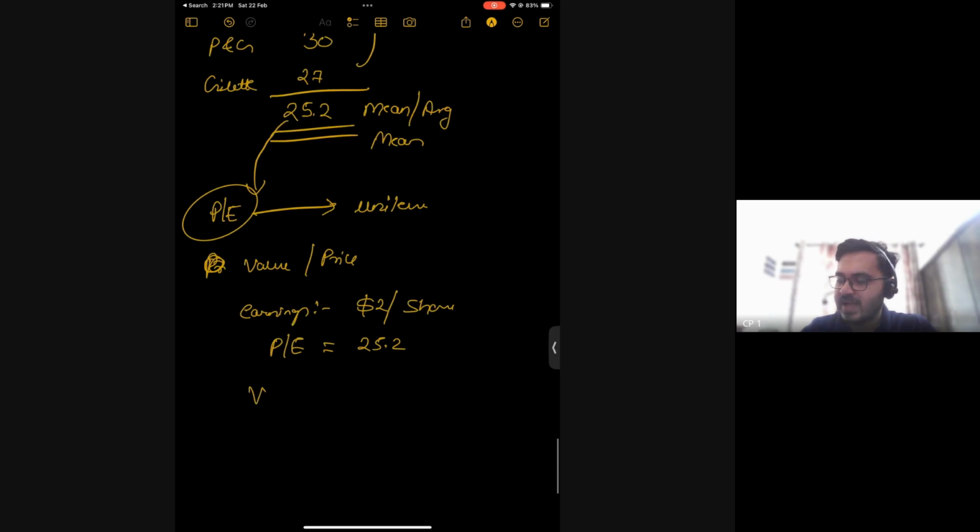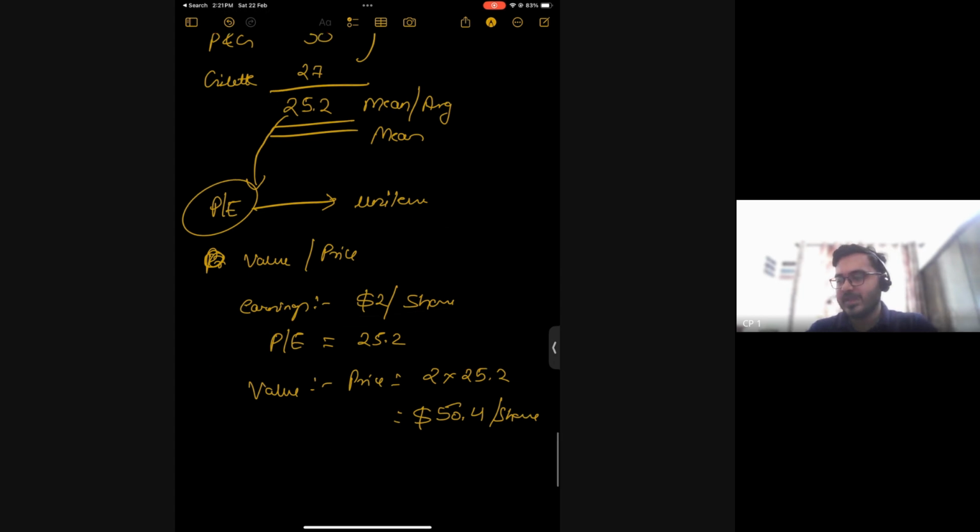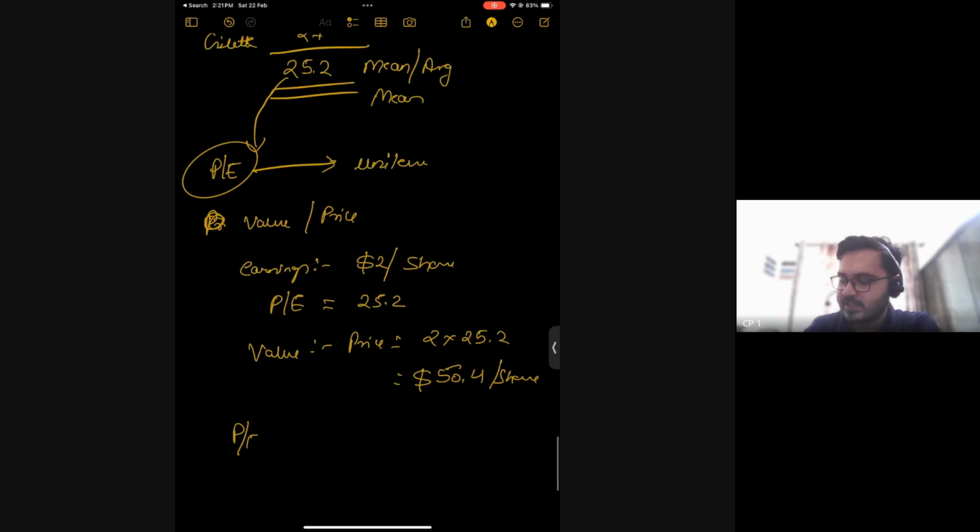So I can come to the value, which is the price, which is nothing but 2 into 25.2, which is $50.4 per share. Are you able to follow? Basically, the price to earnings ratio is nothing but the price divided by earnings, which in this situation is 50.4 divided by 2, which equals 25.2.